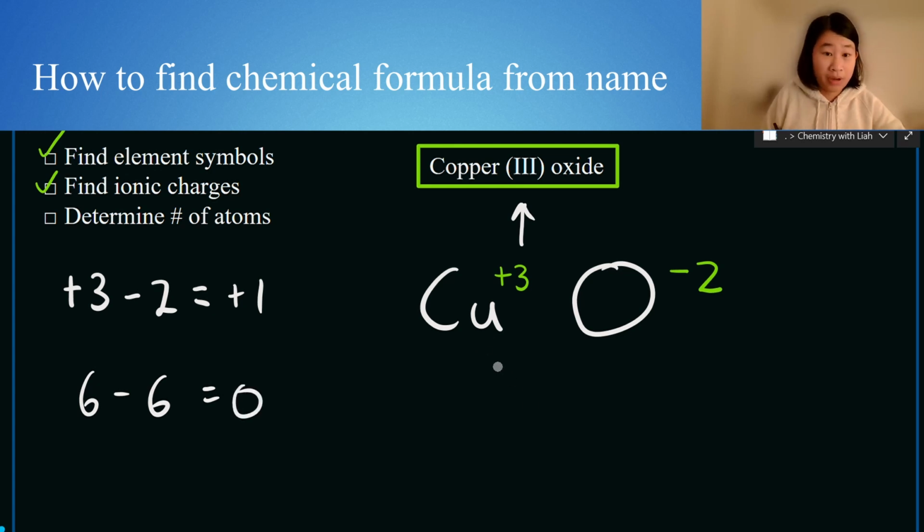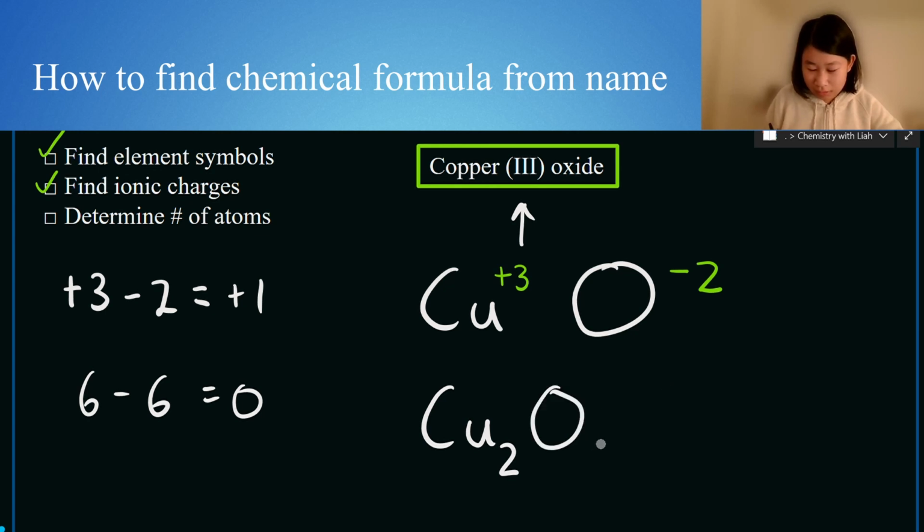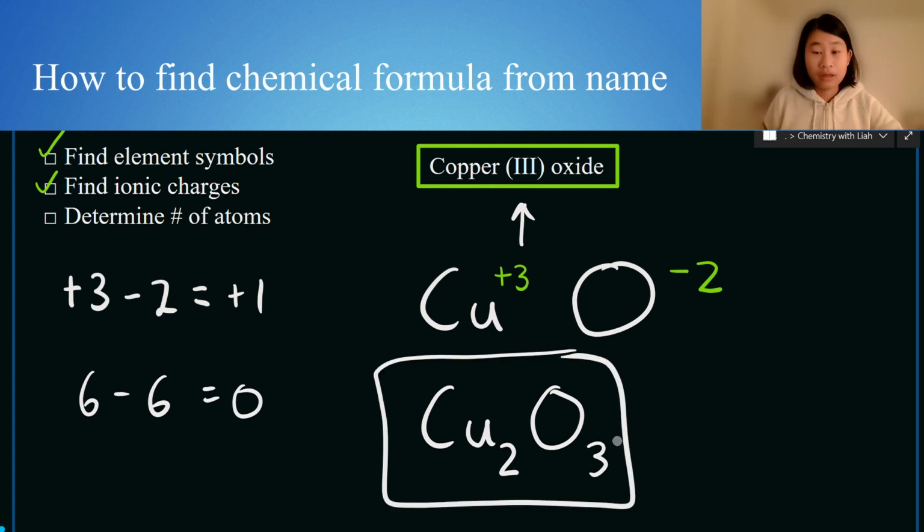Copper will contribute the positive part. So to get to +6, we need 2 coppers. All right, and oxygen will contribute the negative part. So we can say that 6 divided by 2 is going to be 3. So we need 3 oxygens. All right, and so Cu2O3 is going to be our chemical formula.